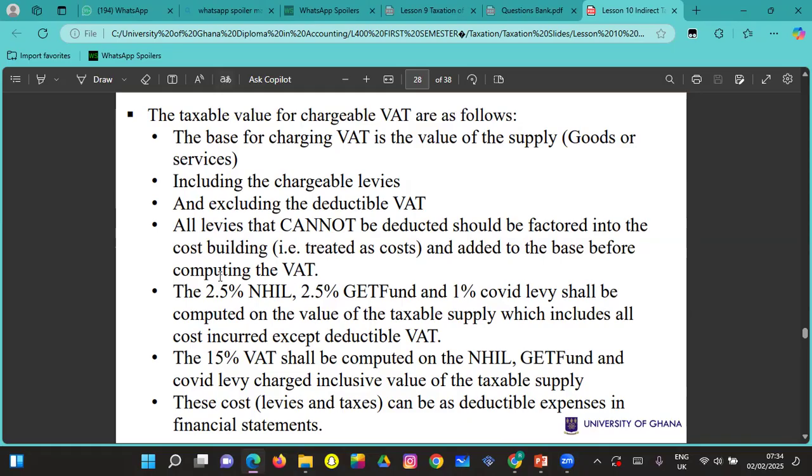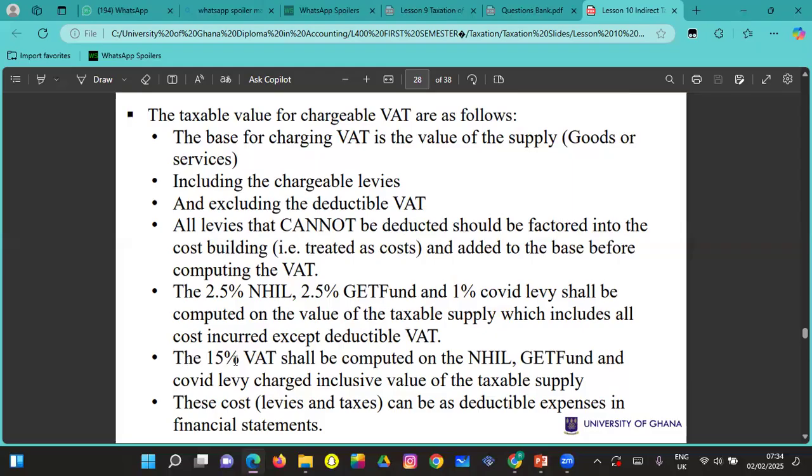The 2.5% NHIL, the 2.5% GET Fund and 1% COVID levy should be computed on the value of the taxable supply, which includes all costs incurred except deductible VAT.